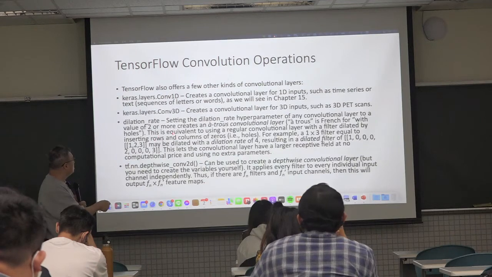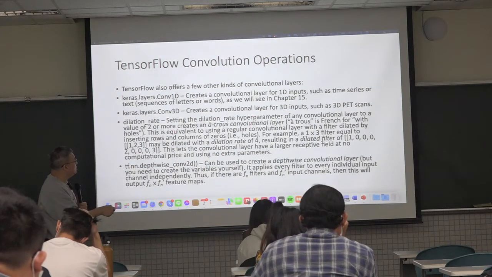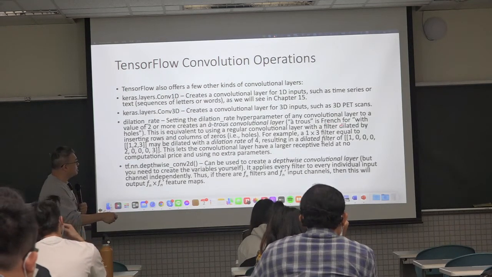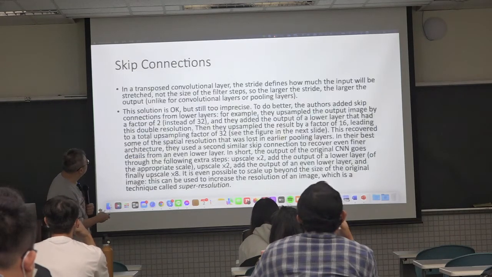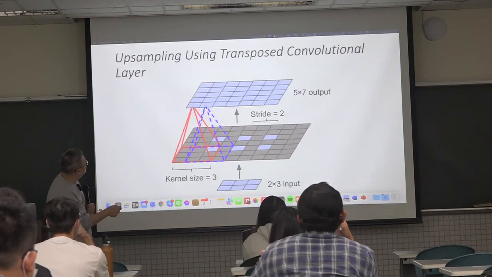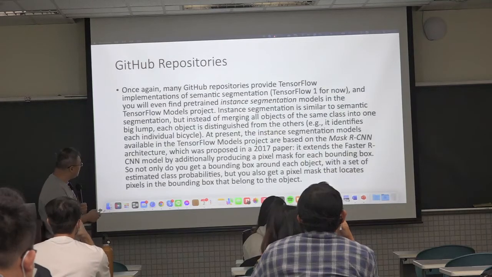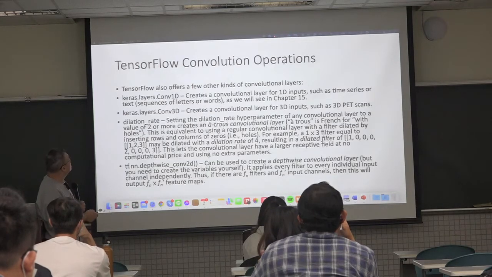This is equivalent to using a regular convolution layer with a filter dilated by inserting rows and columns of 0. The concept is kind of similar to the transpose convolution layer, but slightly different.